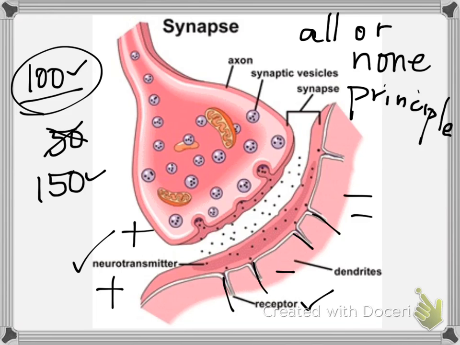So once these chemicals kind of rest on there, it kind of creates this reaction where the receptor sites open up and allow some of these negative ions to move out of the cell, and some of these positive ions move into the cell. So within these chambers, you've got ions, charged particles, moving in and out of the cell.